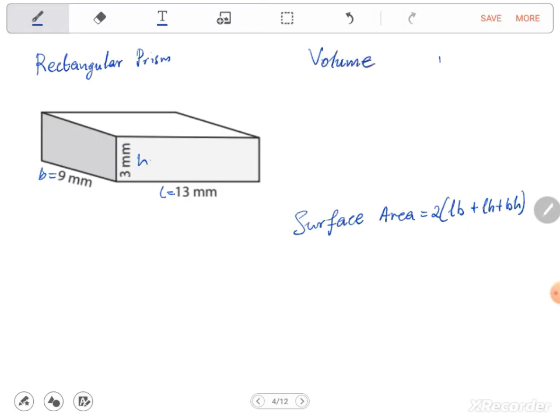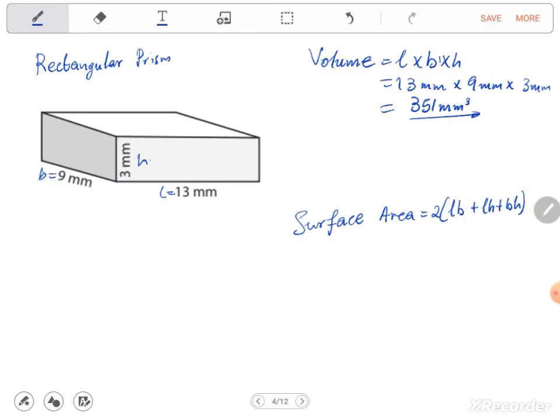Volume will be equal to length times breadth times height, because this is a rectangular prism. So we'll have 13 millimeters multiplied by 9 millimeters multiplied by 3 millimeters. This will give us a total of 351 millimeters cubed. Remember, for volume, it is supposed to be in cubes.